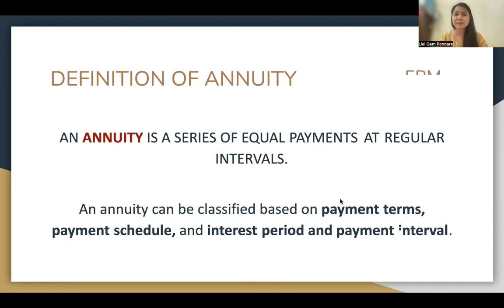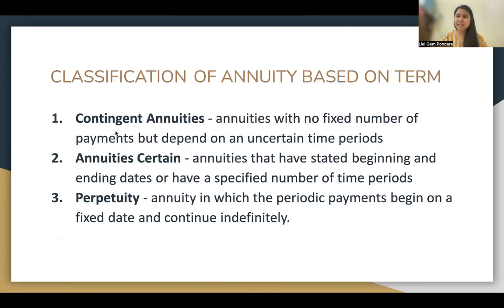Let's first have the classification based on term. The first one is contingent annuities. With contingent annuities, there's no specific number of payments, but it depends on a certain time period. For example, insurance. You keep on paying insurance and then the payment ends at the time of your death.